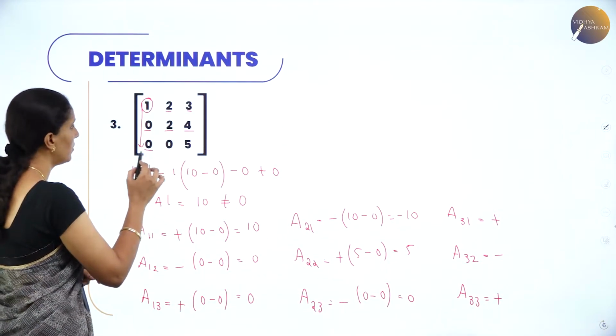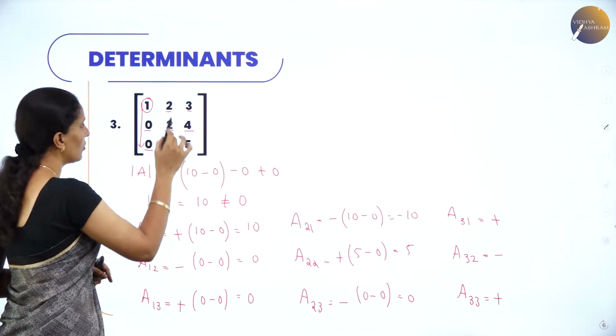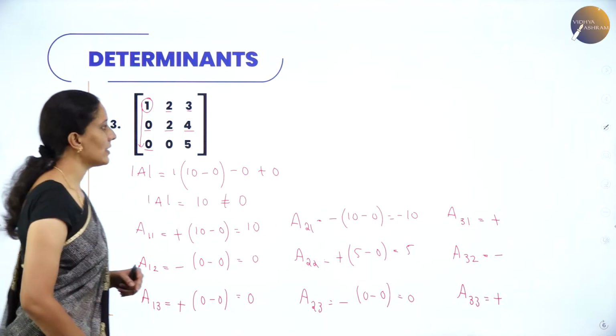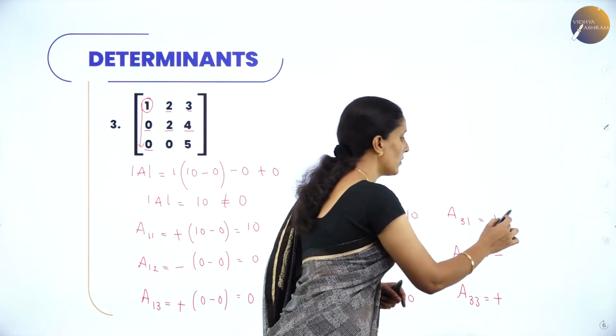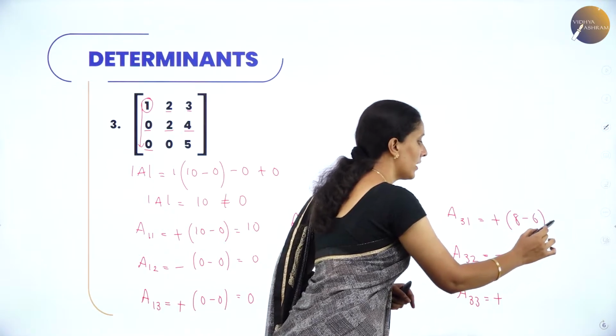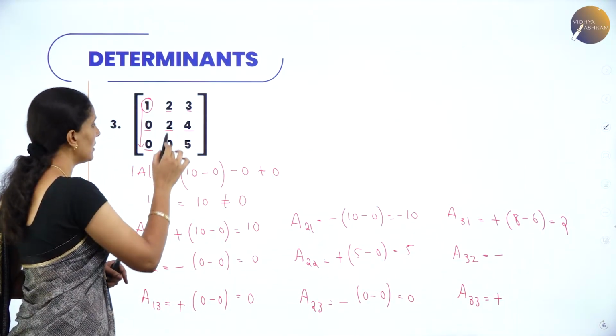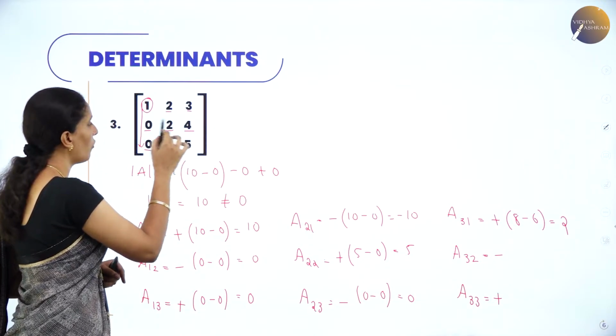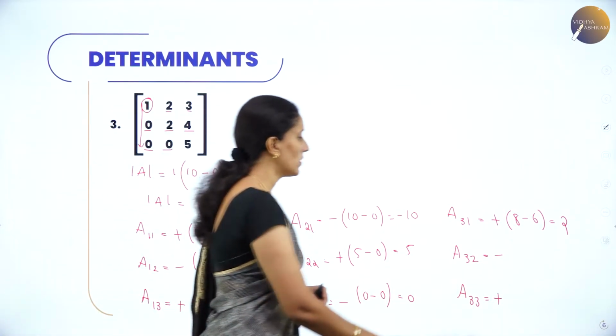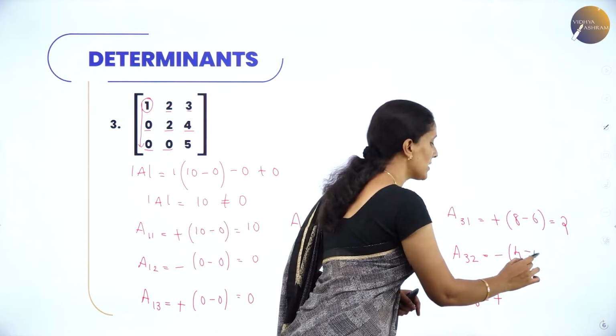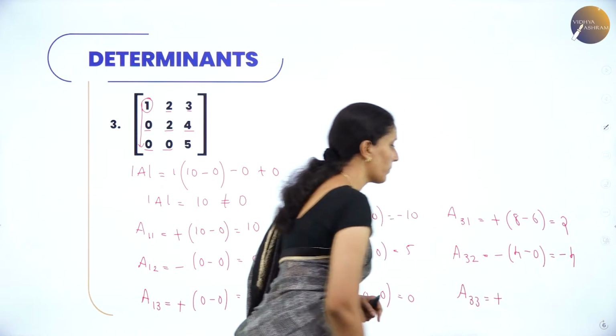So for 0, delete the column, delete the row. 2 4s are 8 minus 3 2s are 6. So 8 minus 6, it is 2. Next is for 0, delete the column, delete the row. 4 minus 0, which becomes minus 4.